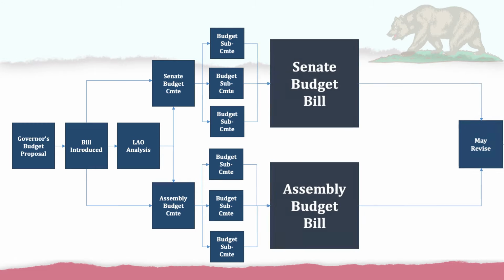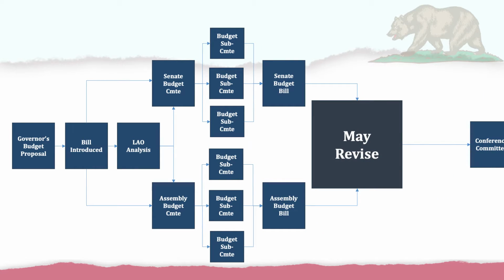In May, the governor submits a revision of the January proposed budget known as the May Revise. The May Revise updates projected general fund and other tax revenues and is used by the governor to update spending proposals for the upcoming fiscal year based on new data. The governor's May Revise proposals must be adopted by the legislature during the subcommittee process, and each house retains the discretion to make adjustments in these proposals.